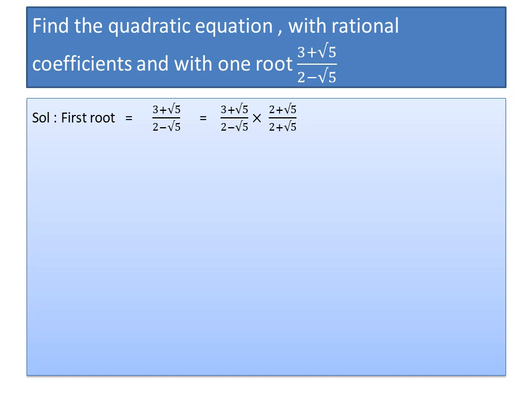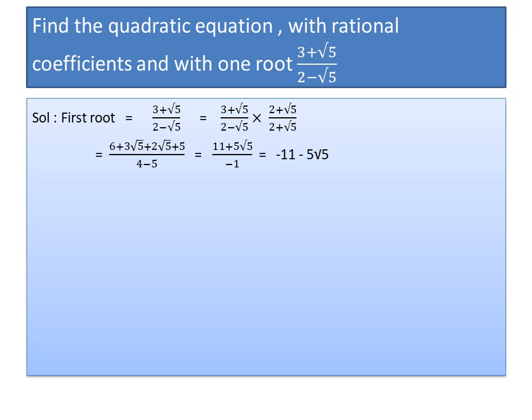We will rationalize it and we will get the second root out. (3 + √5)/(2 − √5) into (2 + √5)/(2 + √5). This is a common method that we used in our previous classes, removing the square root part from the denominator.